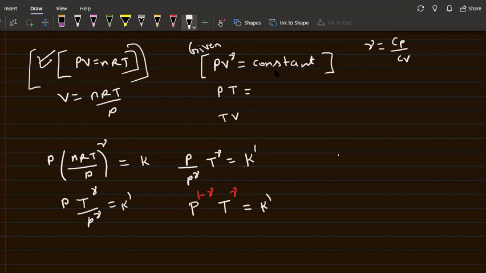Then try to find the relationship between T and V. Everyone, please try to find.